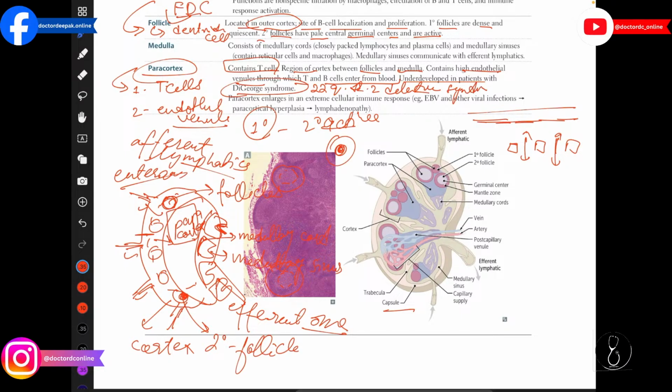And if you have any chronic infection or an extremely severe immune response, there could be paracortical hyperplasia, and due to it, you will find lymphadenopathy, or enlarged lymph nodes.